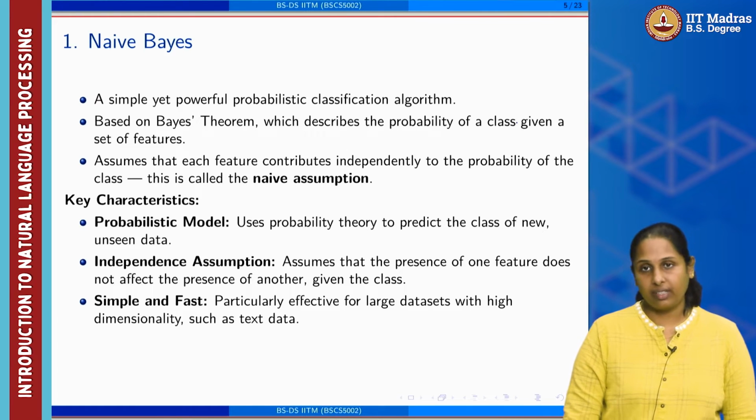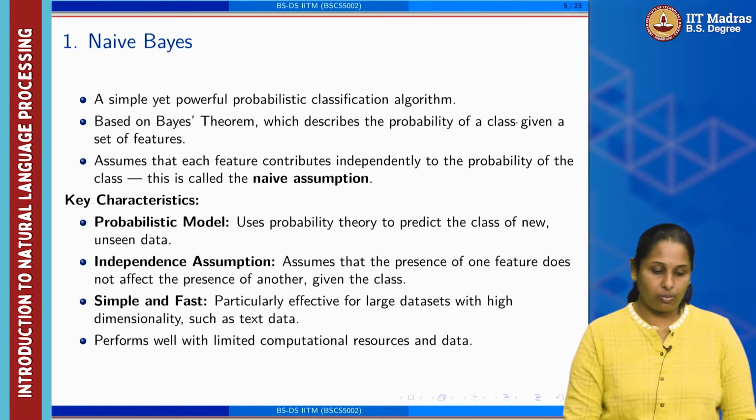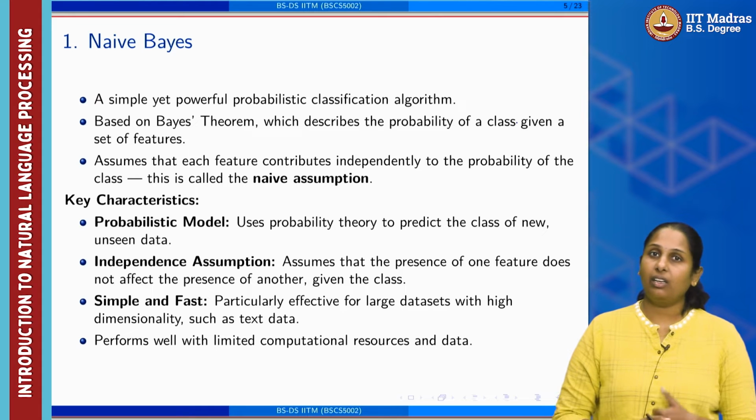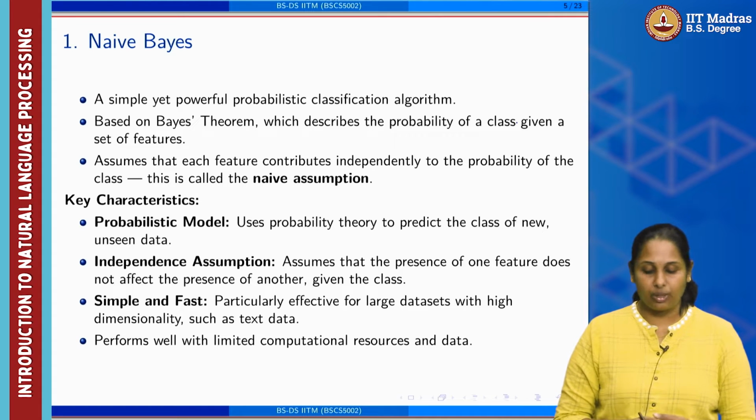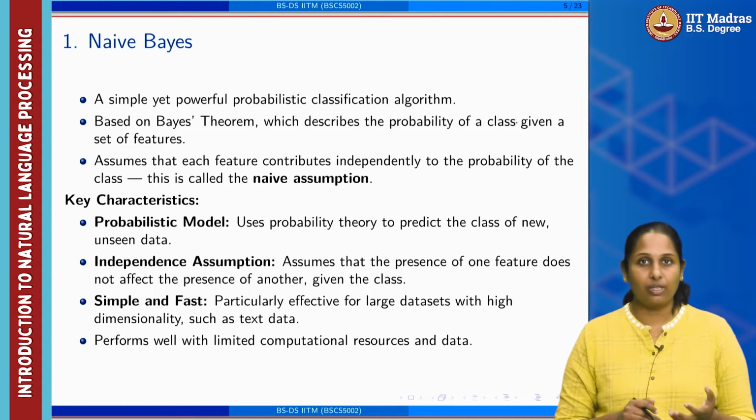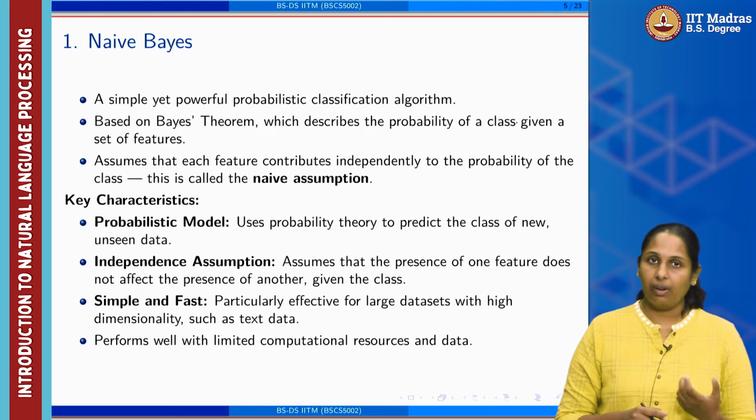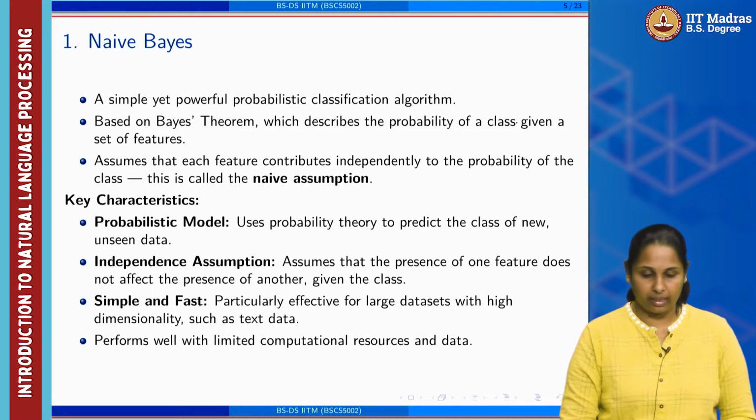Especially for text data, naive Bayes is used effectively, and it works with limited computational resources. We don't need big GPUs to run naive Bayes. With a limited data set and computational resources, we can easily build the naive Bayes algorithm.